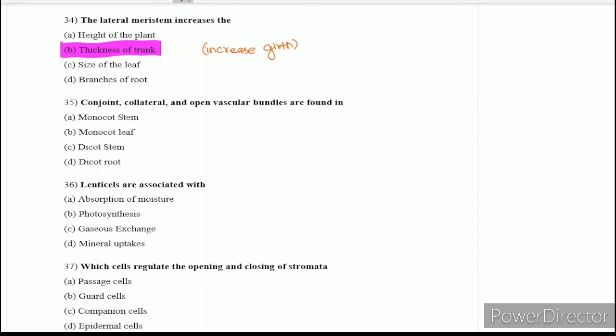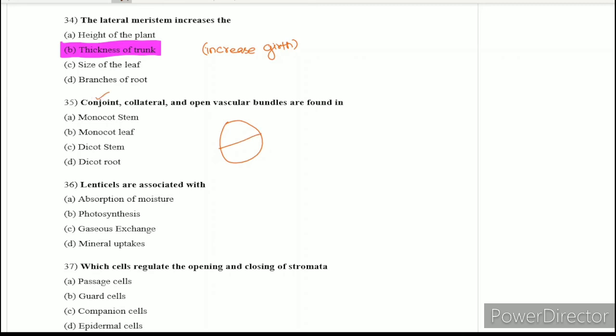Next question. Conjoint, collateral, and open vascular bundles are found in. Conjoint means both xylem and phloem are present on the same radius.